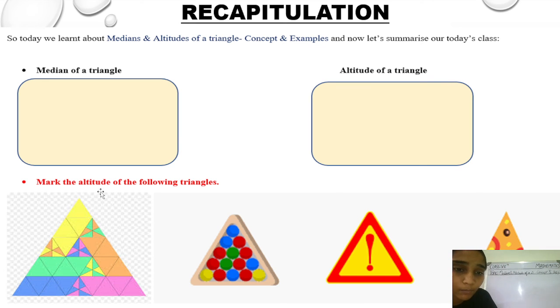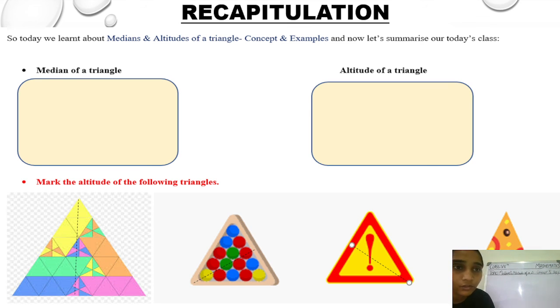And if we have to mark the altitude of the following triangles, students, how will we mark? Yes, you are right. From one vertex, we can draw a line exactly perpendicular to the opposite side, like this. Similarly from here, we can draw a perpendicular line which will represent the altitude of the triangle, and from here like this also, this is again a perpendicular line.